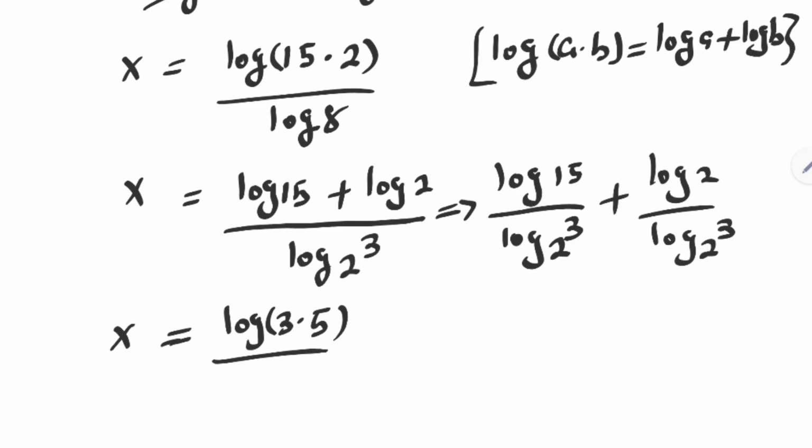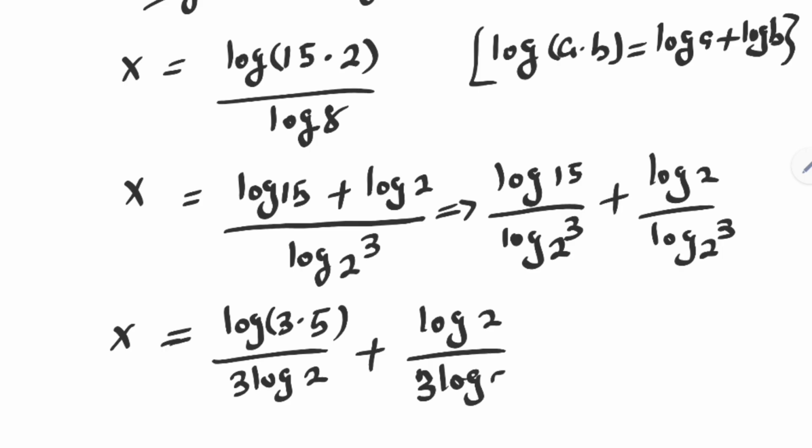over log 2 raised to power 3 can be written as 3 log 2, plus log 2 over 3 log 2.